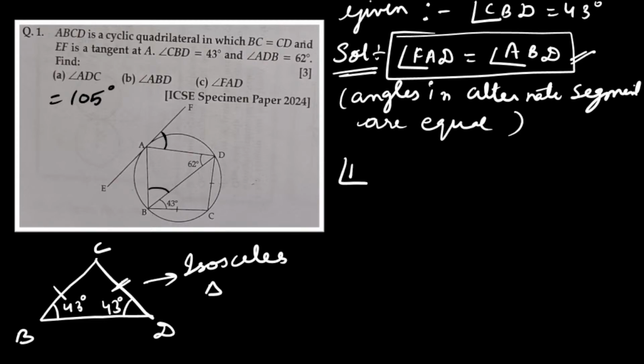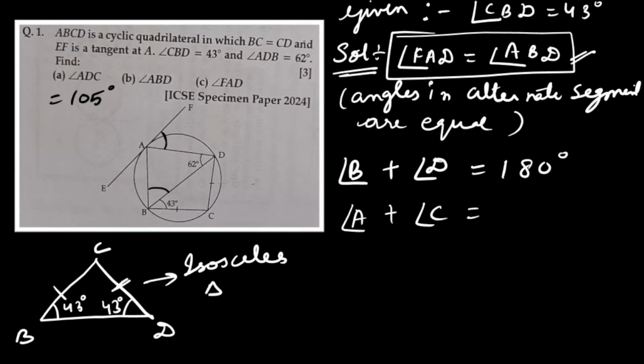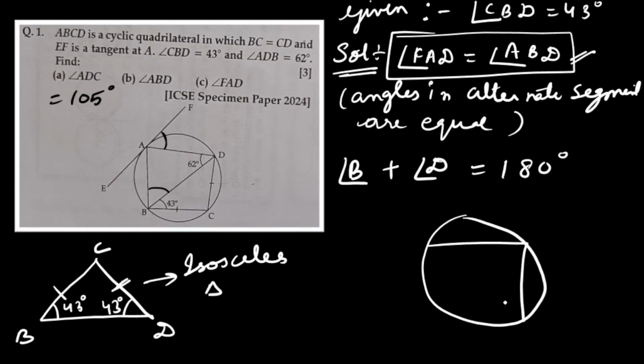Like here, if I do B plus D, B plus D is equals to 180 degree. Also A plus C is equals to 180 degree. So sum of the opposite angles in a cyclic quadrilateral is equals to 180 degree. Cyclic quadrilateral is that type of quadrilateral whose all the vertices lie on the circle like this. So here cyclic quadrilateral is given to us.